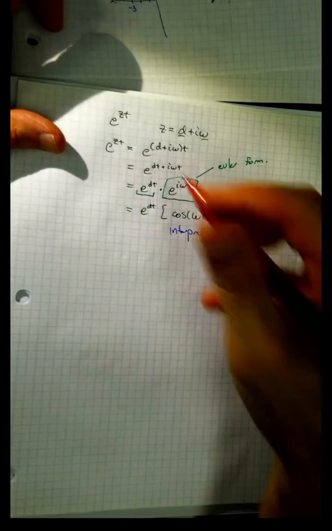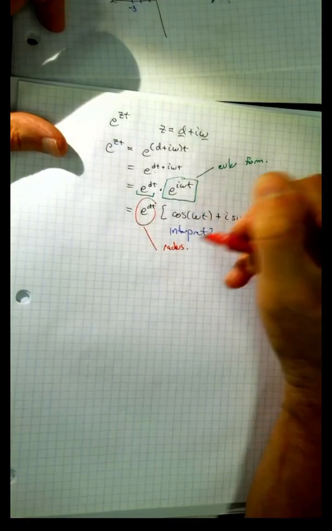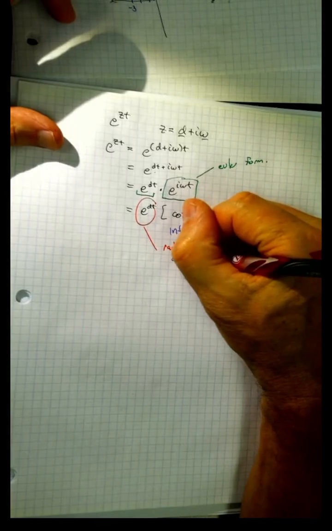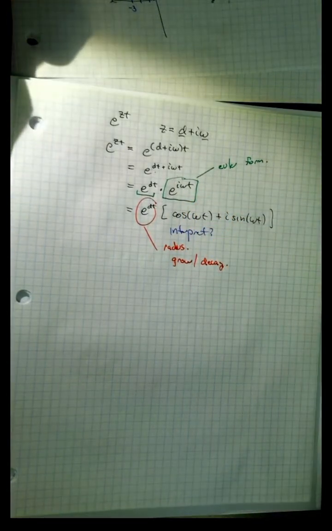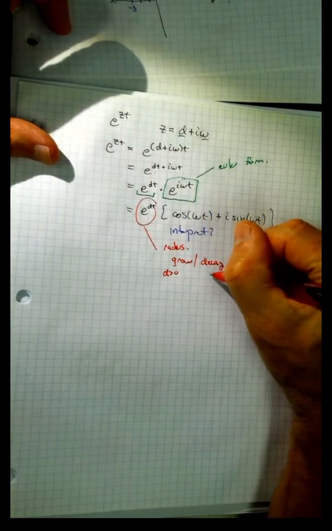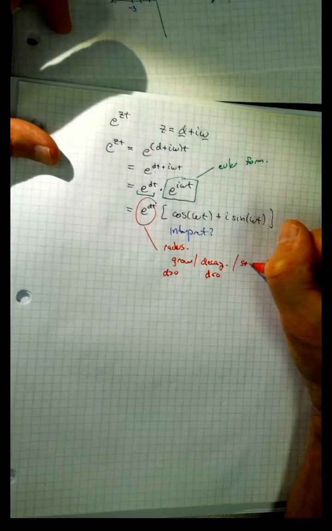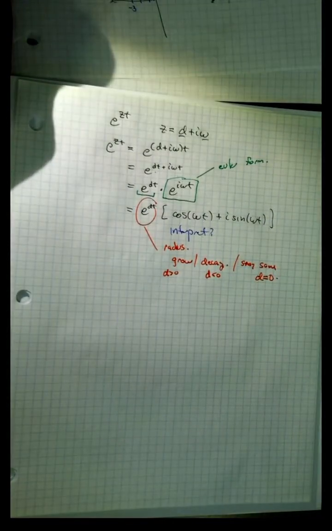Well, this I can think of as my radius. This thing can either grow or decay. So if d is positive, it's going to grow. If d is negative, it's going to decay. And it's going to stay the same if d equals 0. It's not going to change.